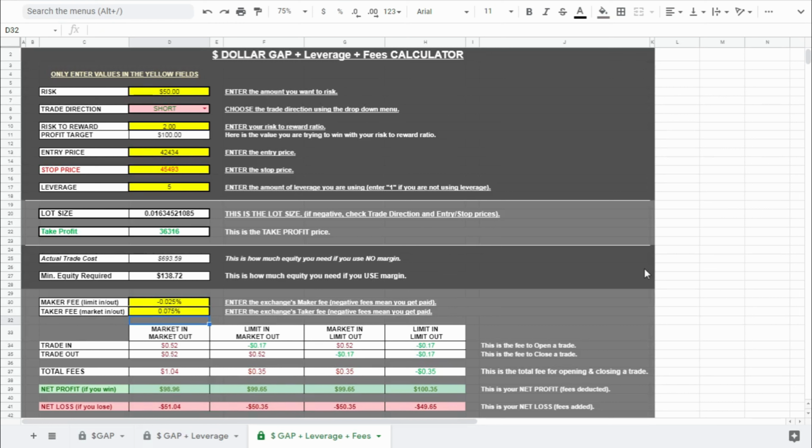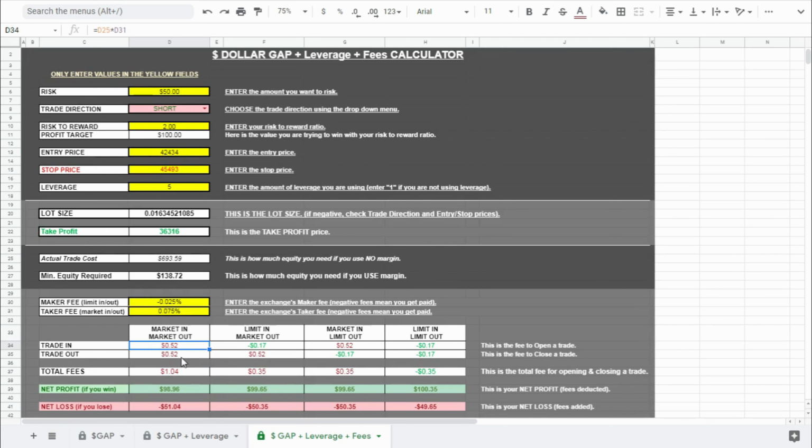so what are we seeing here? This is going to explain the different types of trades that you can do. If you market in and market out, this is the total fee. It's made up of the first trade, which was getting into the trade. So you marketed in, it cost you 52 cents.